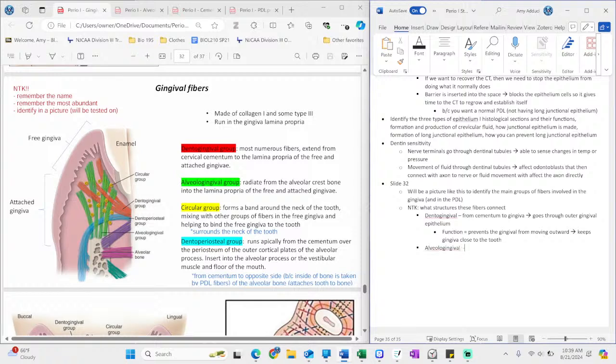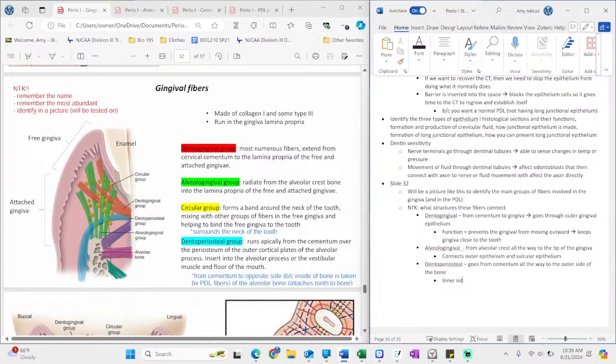They go from the alveolar crest all the way to the tip of the gingiva, connecting outer epithelium and sulcular epithelium. Okay? Then the dentoperiosteal go from cementum all the way to the outer side of the bone, because the inner side is going to be used by periodontal fibers.